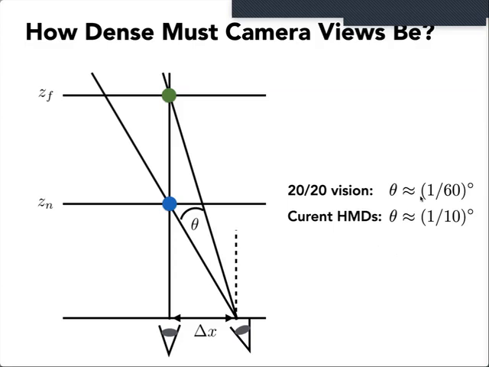But our vision in current head-mounted displays for VR is lower because the resolution is not quite as high. Remember, I talked about some of the lower-end HMDs being around 1/10 of a degree. They're getting better, but 1/10 of a degree is sort of a low-end headset today.